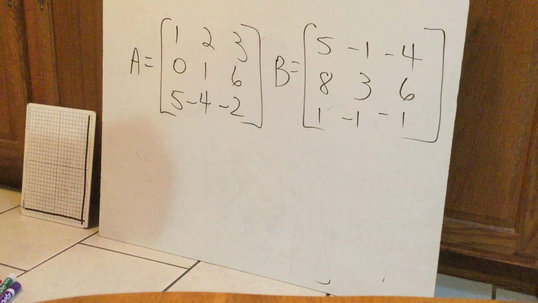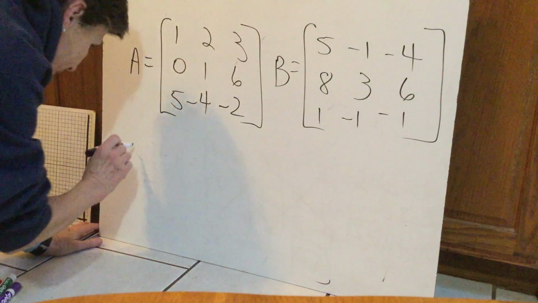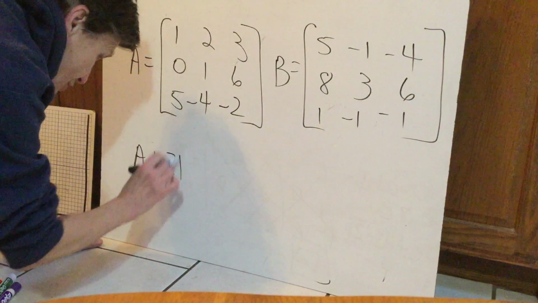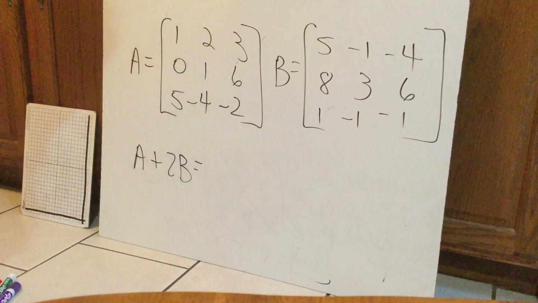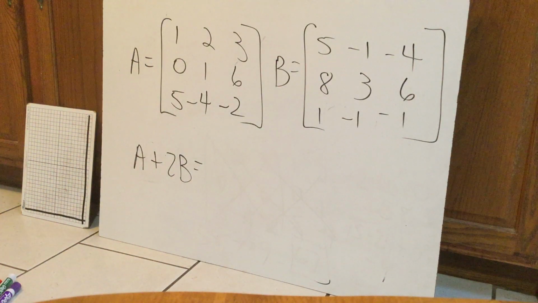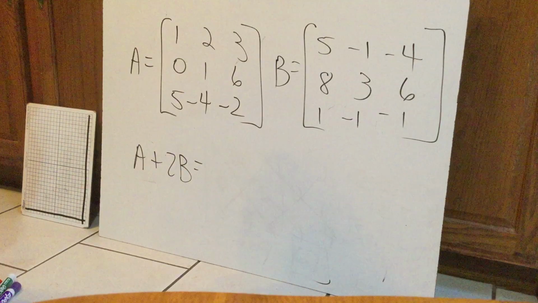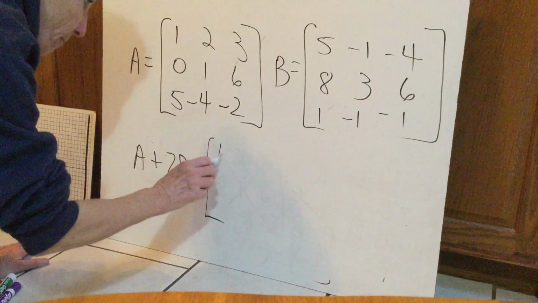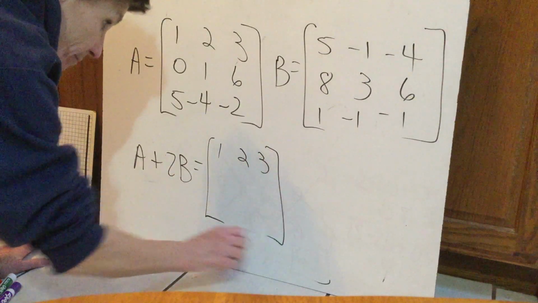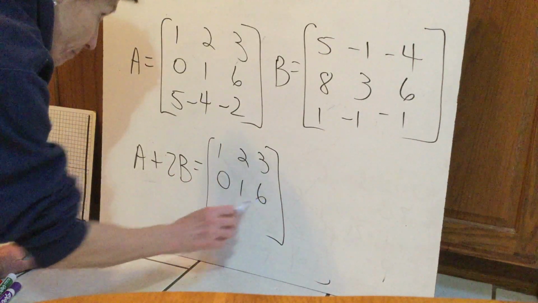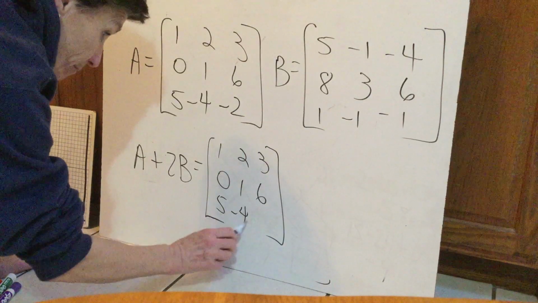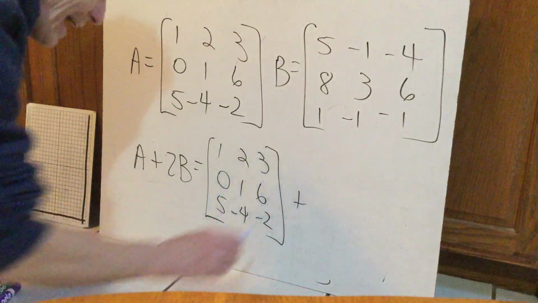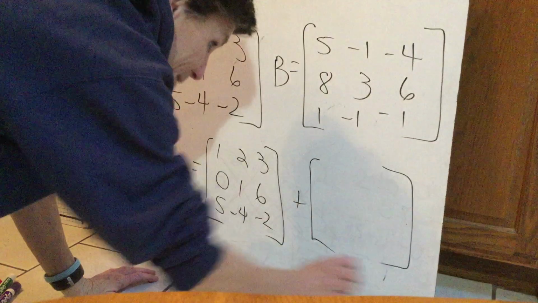Okay, so here we go. Now we're going to find A plus 2B. So using those two matrices, we're going to find A plus 2B. All right, so we're going to take matrix A, and we're going to add 2B.